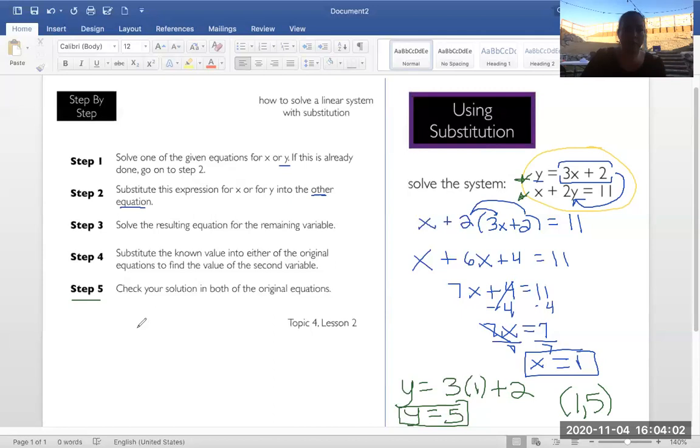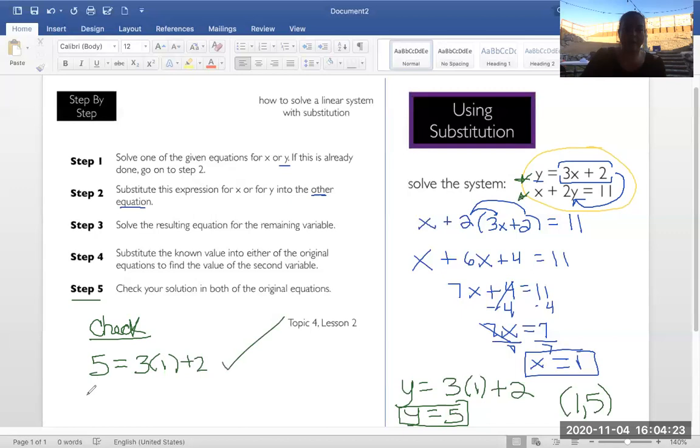So at this point, when we check, we're simply rewriting these and plugging in the values we have solved for. In the first one, we get 5 equals 3 times 1 plus 2. That is correct.